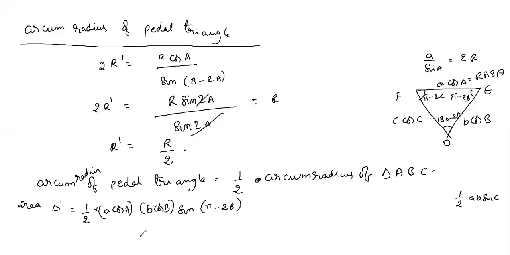Better, take R sin 2A, and this is also R sin 2B, and sin of 180 minus 2B. So R into R gives R square, sin 2A, sin 2B.